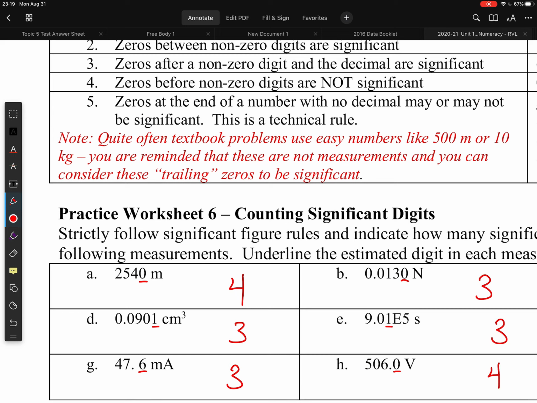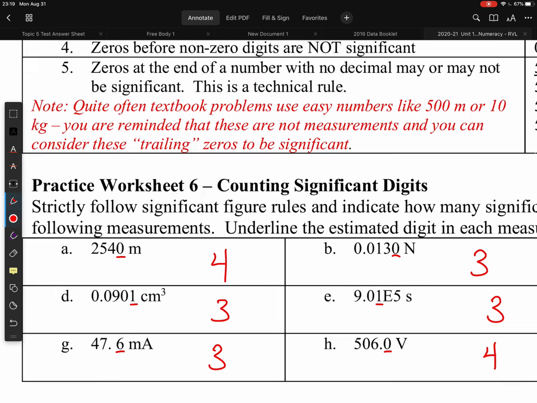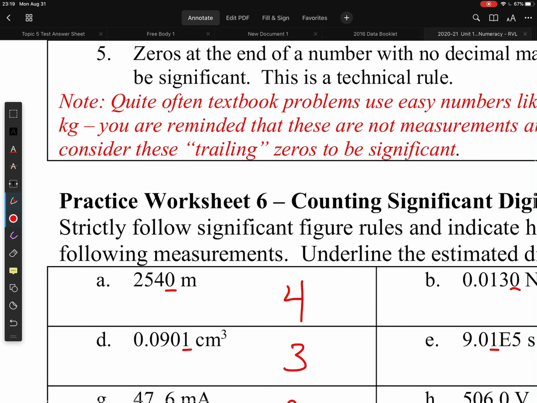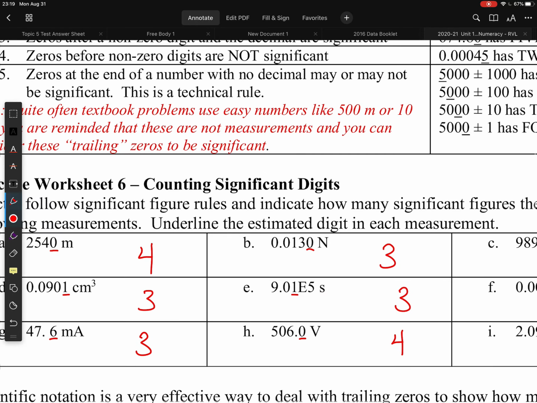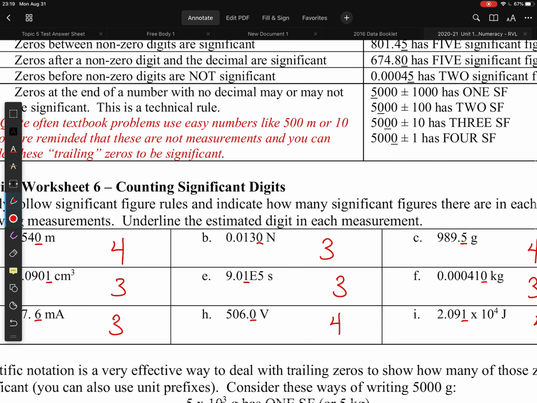Okay, so could be significant, could not be significant. The textbook problems are likely to give us four sig figs, particularly in IB physics. They always do this. Okay, so we're just going to go with 4 for A, recognizing that it could be either 3 or 4. We don't know for sure.